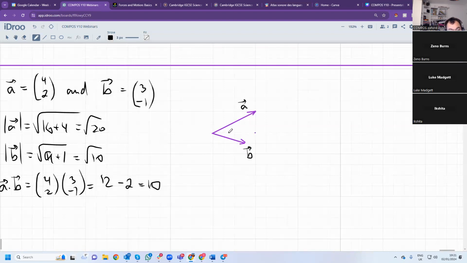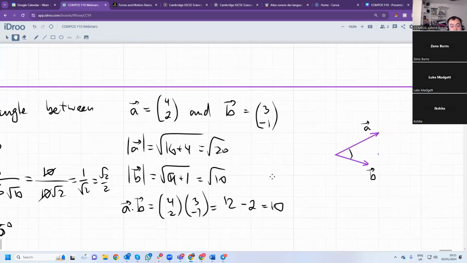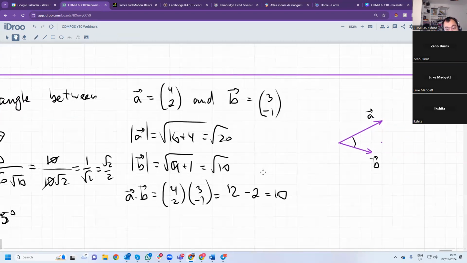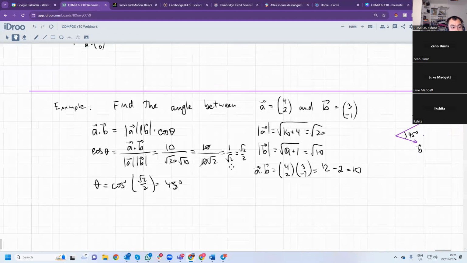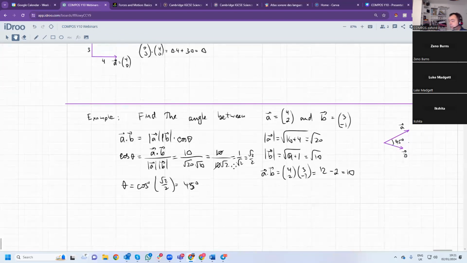And this does look like a 45-degree angle. I can't say it by eye, but certainly it does make sense. I'm just going to assume that I haven't messed up anywhere. So the scalar product allows you to find the angle between any two vectors just using the scalar product formula.